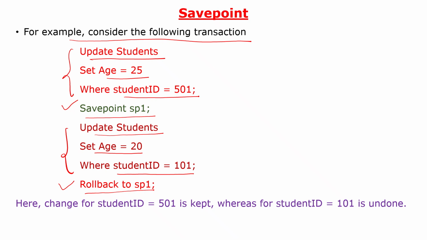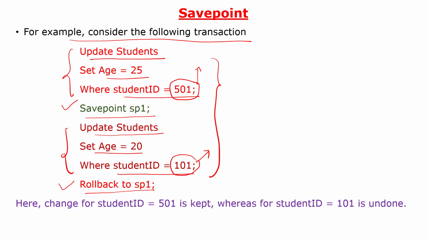Once this entire transaction is executed, the student ID 501 is updated, whereas the student ID 101 is not updated. So the purpose of the savepoint is that it can update only a specific part of the transaction.